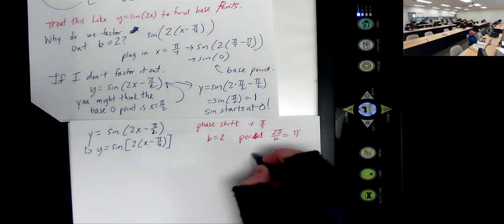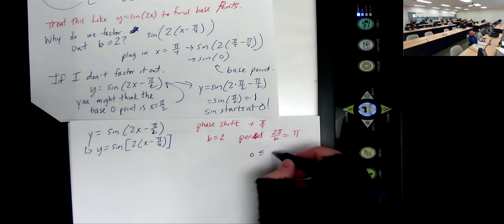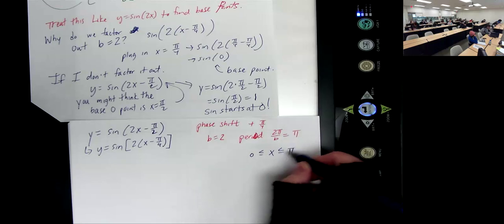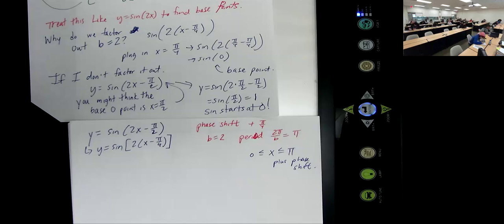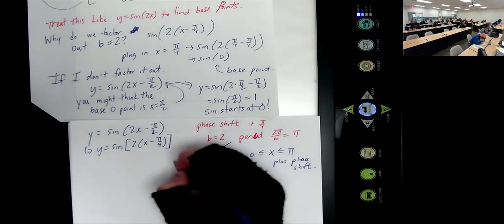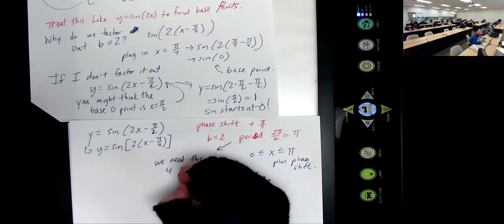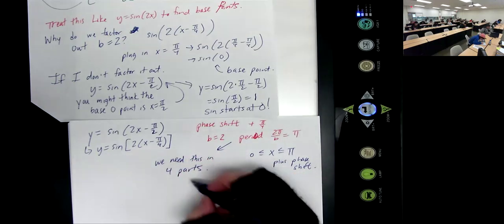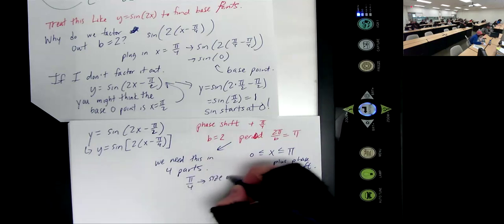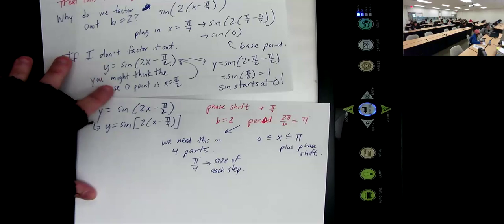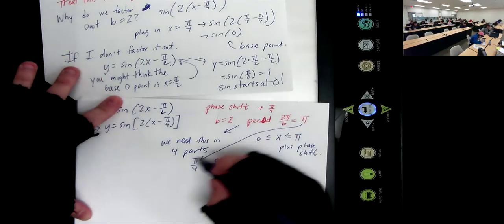In terms of that interval inequality, the base looks like that, and then we have plus phase shift. So it's pi wide, we need this in 4 parts. Divide that by 4 and you get the size of each step: pi over 4.